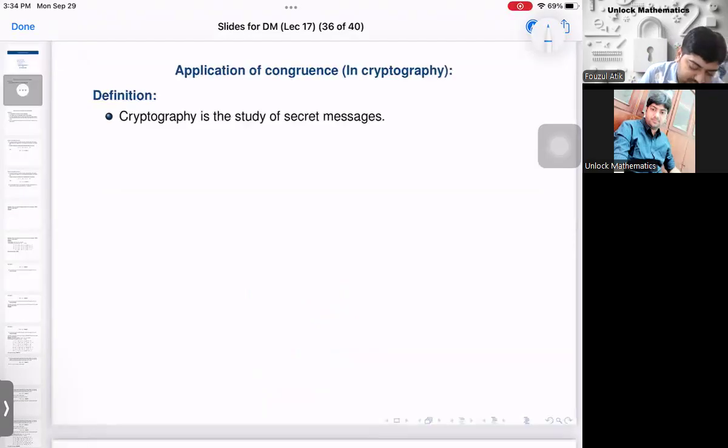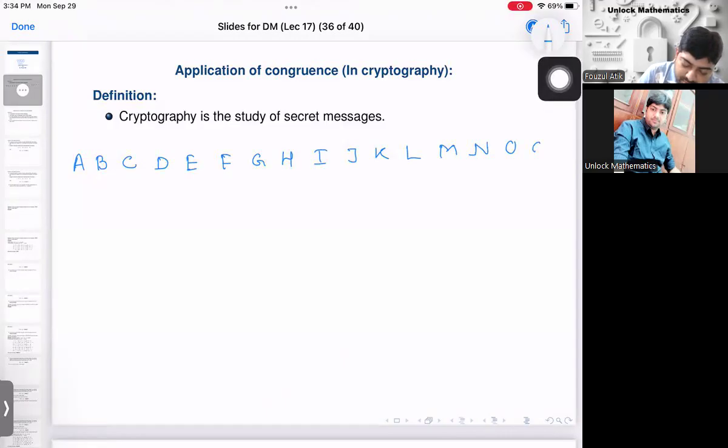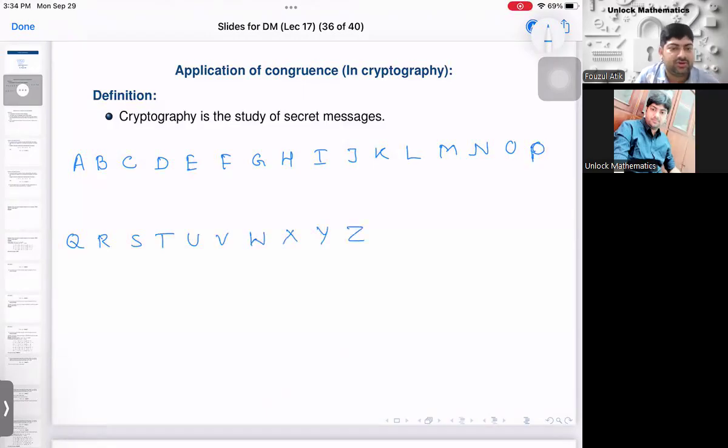Suppose you write all the alphabet: A, B, C, D, E, F, G, H, I, J, K, L, M, N, O, P, Q, R, S, T, U, V, W, X, Y, and Z. For each alphabet I am assigning a corresponding number, and I start from 0.